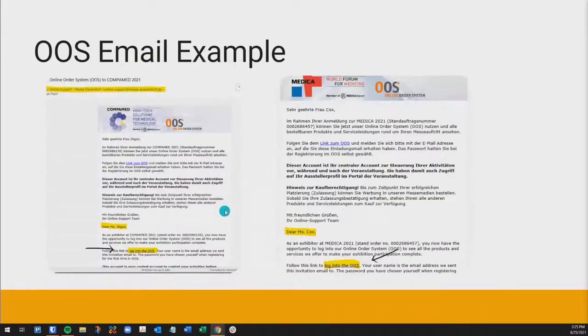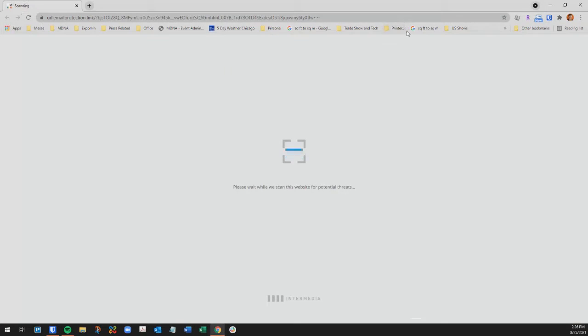So here is an email example. The top part of the email is in German and the bottom part is in English. And for this portion, I will be reviewing the MEDICA OOS page. And so I'm going to click on here and I will be directed to the login page here.